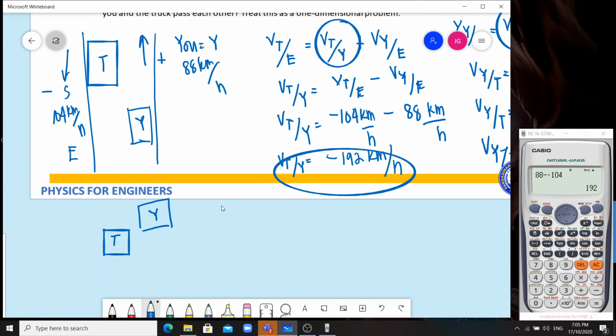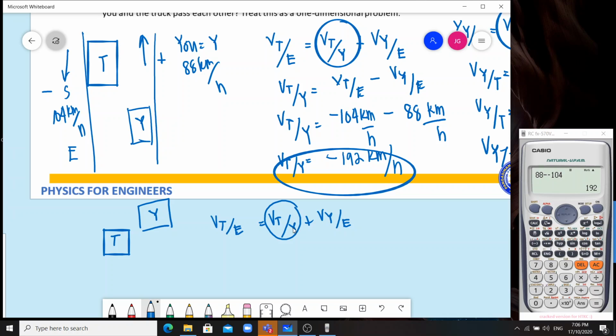So, subukan natin na velocity of the truck with regards to E, okay, equals velocity of the truck with regards to U plus your velocity with regards to the stationary observer. Tas ang hahanapin natin is ito.